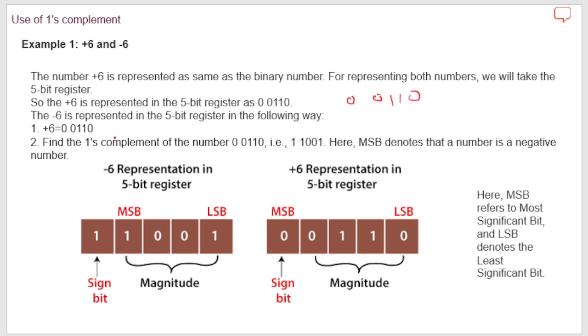Minus 6 is represented in the 5-bit register as follows. Now for plus 6 we will take the 1's complement of it. So the 1's complement is 1 1 0 0 1. So this is represented as a negative number, and it is only magnitude.